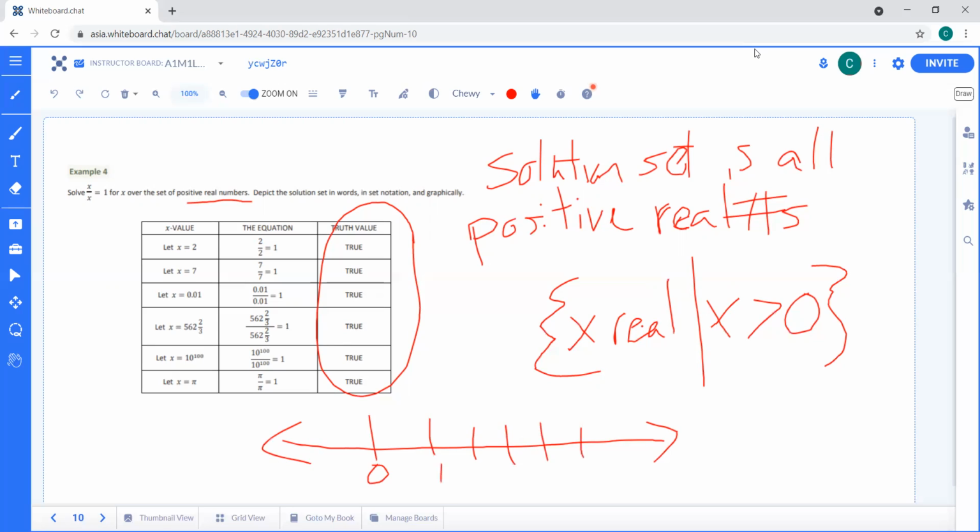We put an open circle at 0 because it's got to be greater than 0. So we're not going to count 0, but we're going to say it's everything to the right of 0. That's indicated by filling in the arrow and making a bold line on top of it. So it's everything greater than 0, not including 0.